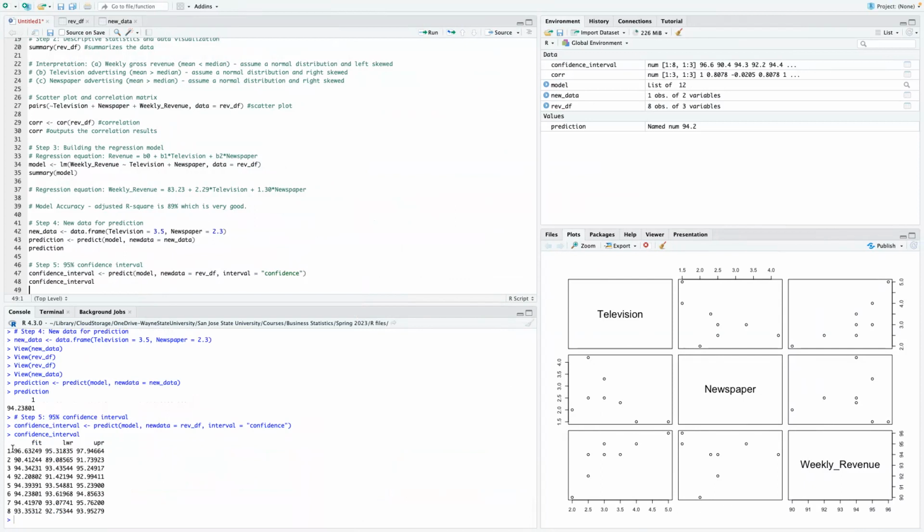Okay, so this is for all the weeks, but we don't have week 9, which is our new number, right? We don't have that listed in there. We just have week 1 to 8, right?